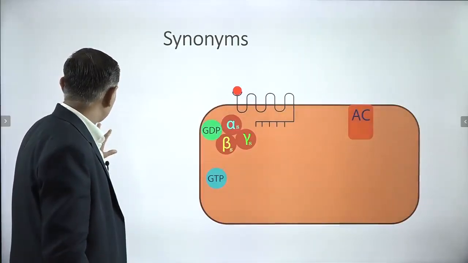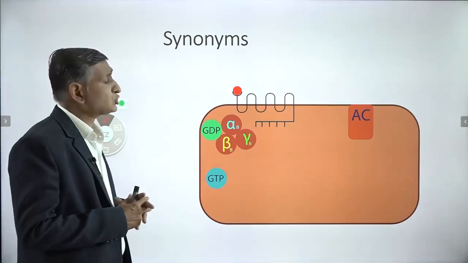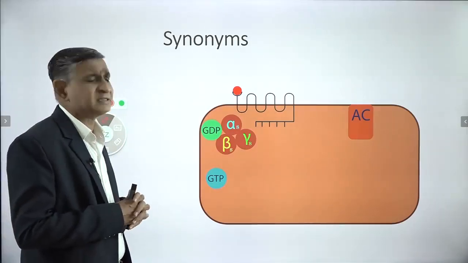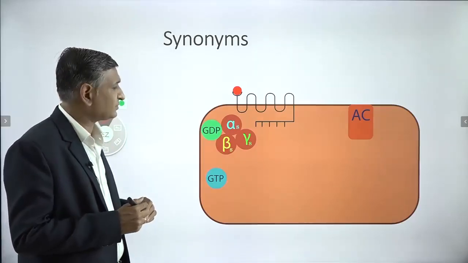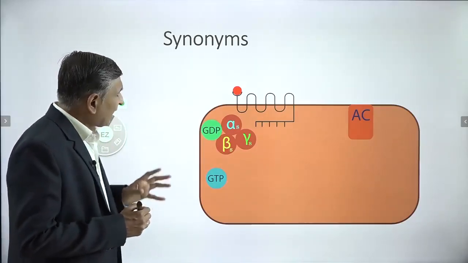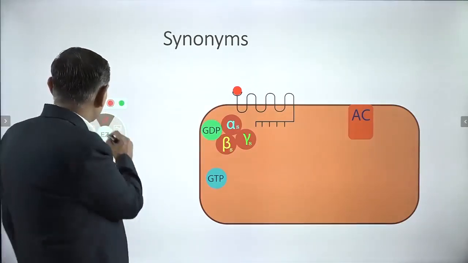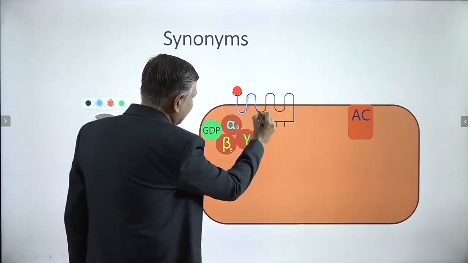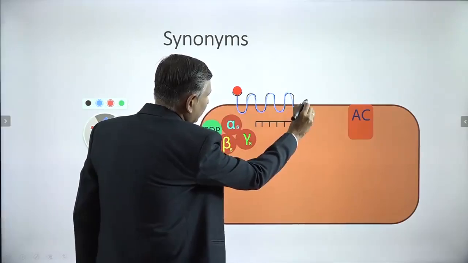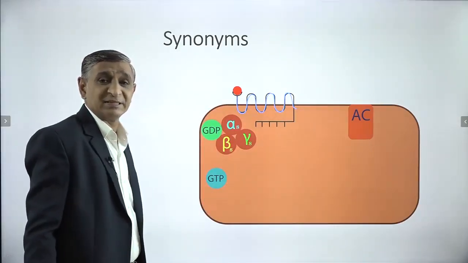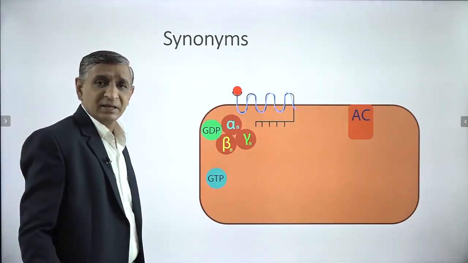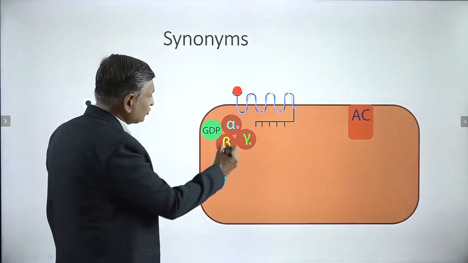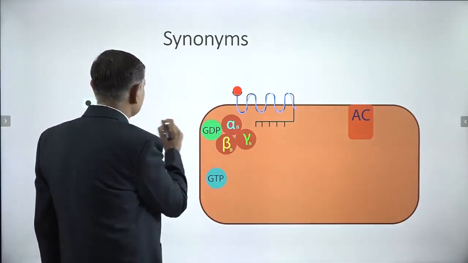Now I am going to tell you something about the synonyms. What are the other names for this GPCR type of receptors? They are known as serpentine receptors. You can very easily see this is the snake-like structure, and that's why they are popularly known by the name serpentine receptors. They are also known by the name 7-pass receptors. As you can see, very easily one can note this point.